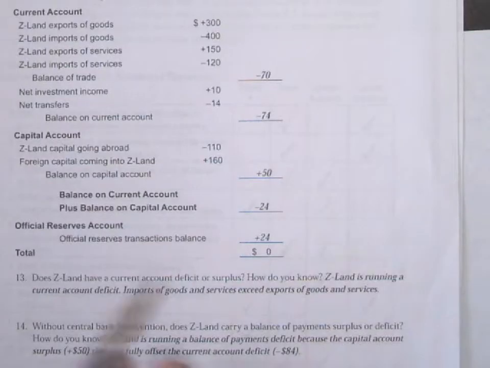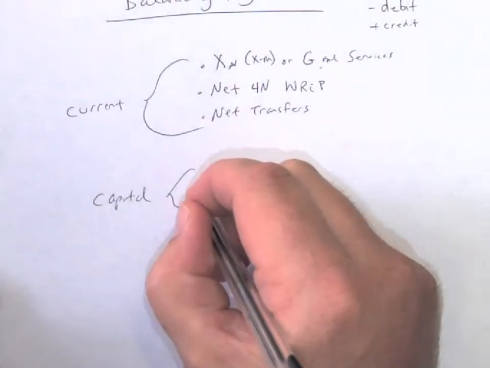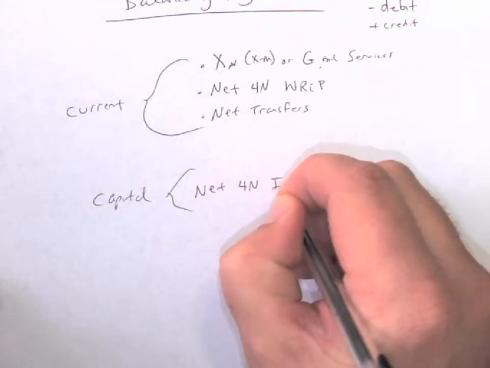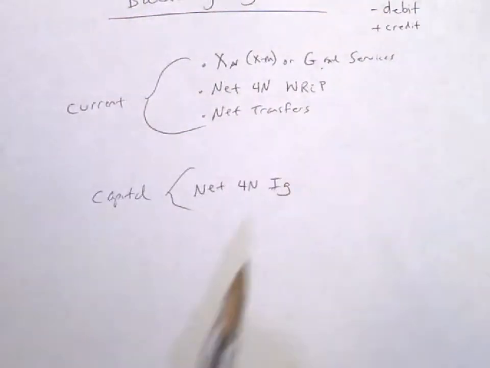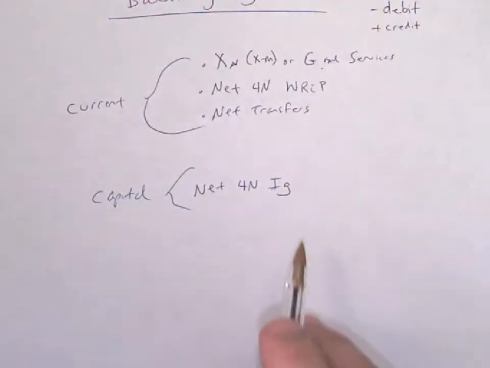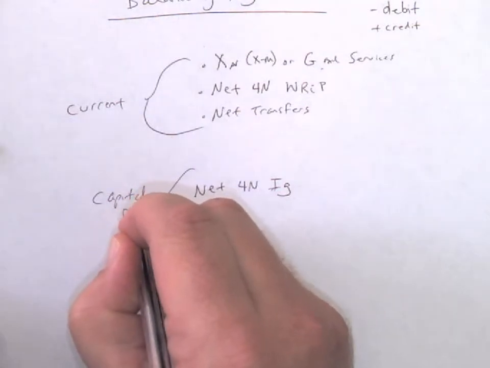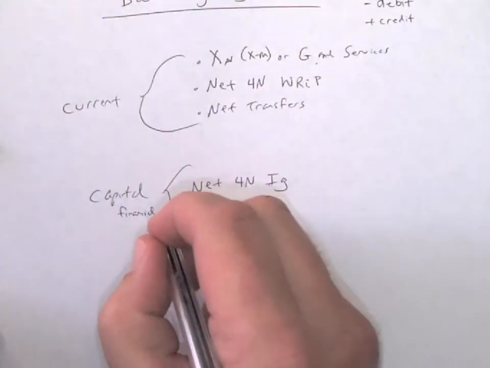Now let's go back and visit what the capital account is. We have the capital account, which can be net foreign investment. Remember, IG is gross private investment, and investment is going to be something that's capital. It used to be called a financial account. So for the financial account, think about our types of capital.